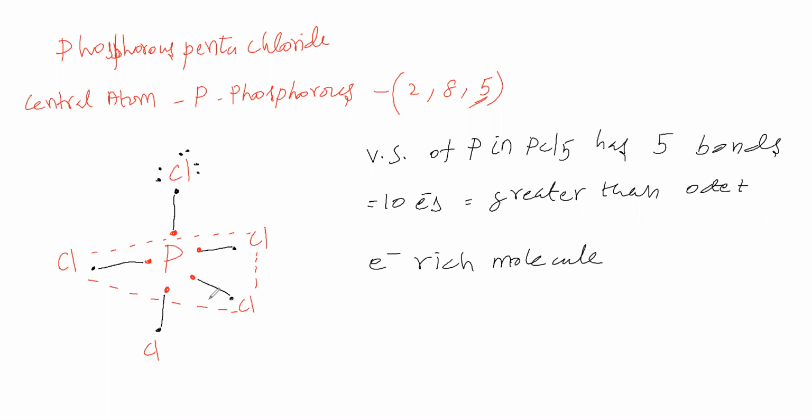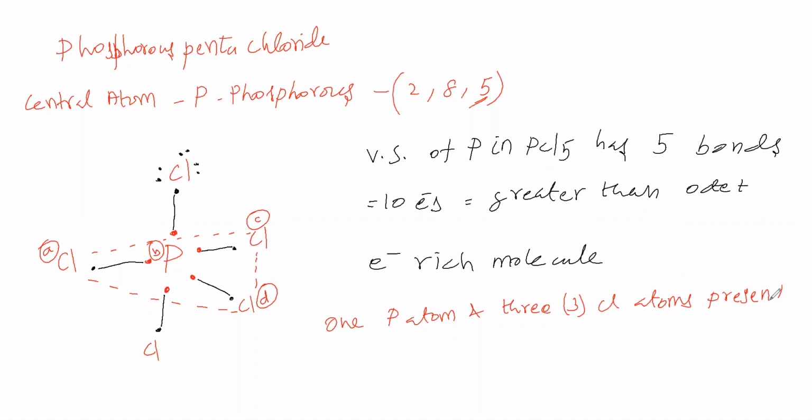In this triangle, I will write this A, this B, this C, this D. That means one phosphorus atom and three chlorine atoms are present in one plane.